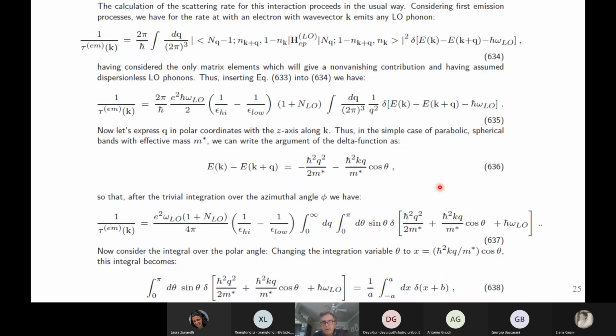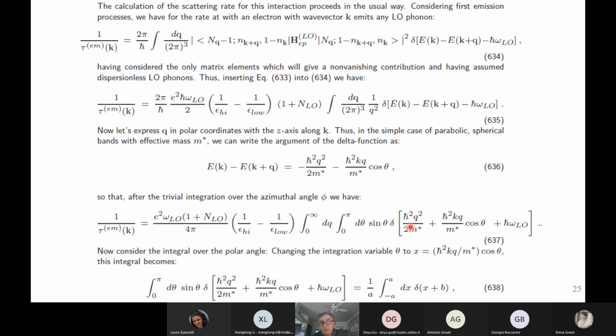And then we have the delta function, and I have now expressed explicitly the energies using the parabolic band approximation with an effective mass m star. The energy that we have here will be h bar squared k squared divided by 2m star, which cancels with the term coming from the square of this term, and we are left with the mixed terms, which are proportional to q and q squared.